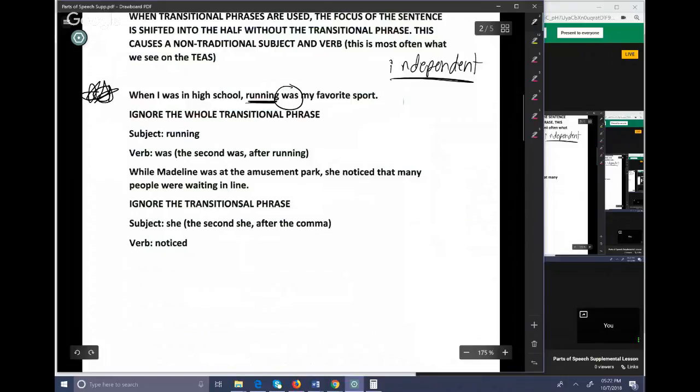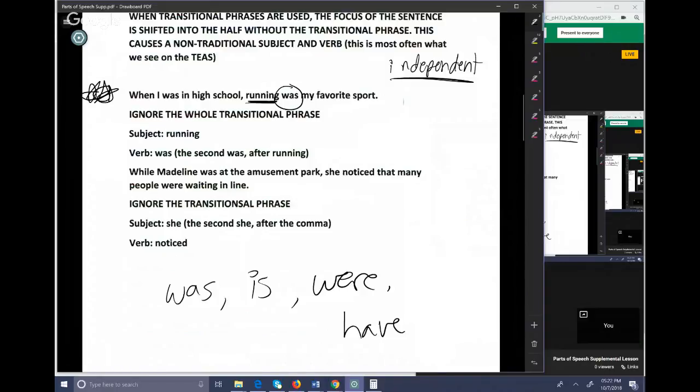I also elaborate a little bit in saying was, is, were, you know, have. Most of the verbs that you should expect to see are not the verbs you think of. You could certainly identify a verb in a sentence, and that verb could be running, walking, wondering, something that would be a bigger, more obvious action word that would draw your attention to it.